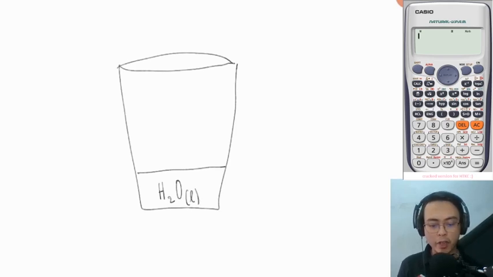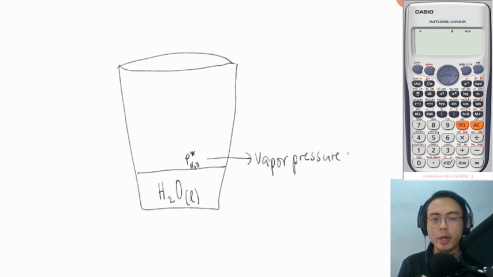The vapor pressure right above the level of the water, we call the vapor pressure of water. How do we then equate the vapor pressure of water to the partial pressure of water in the vapor phase?